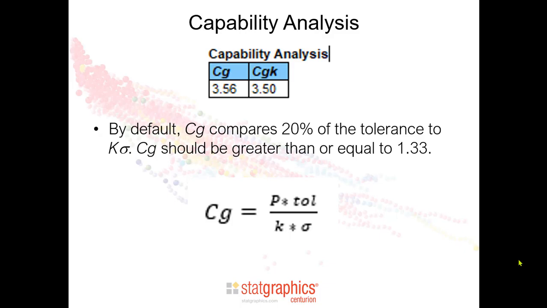The capability analysis section shows two calculated capability indices, CG and CGK. By default, CG compares 20% of the tolerance to K sigma. Standard guidelines suggest that CG should be greater than or equal to 1.33.